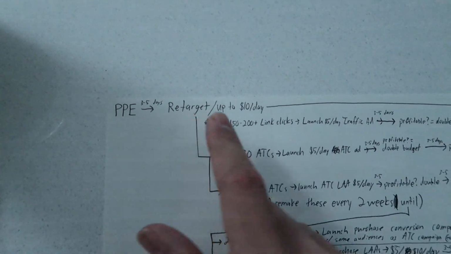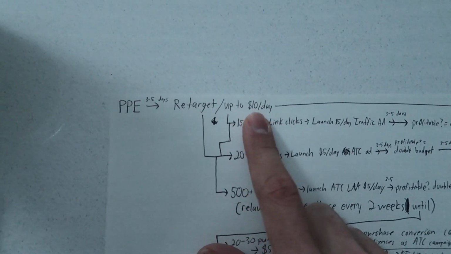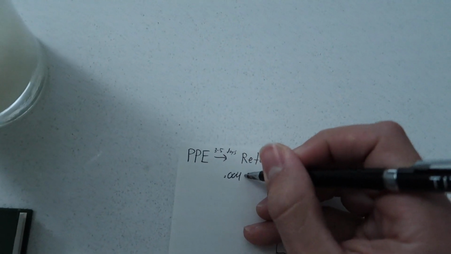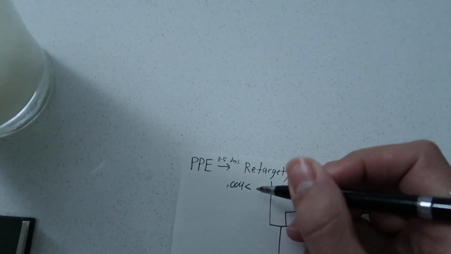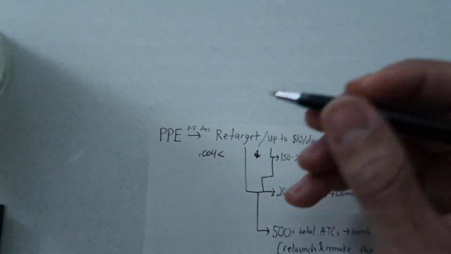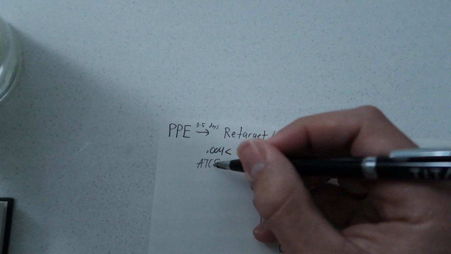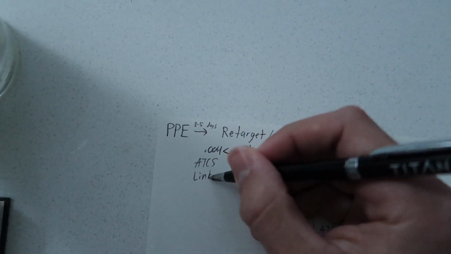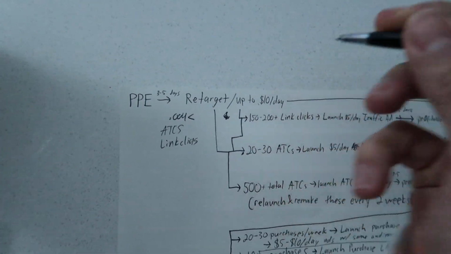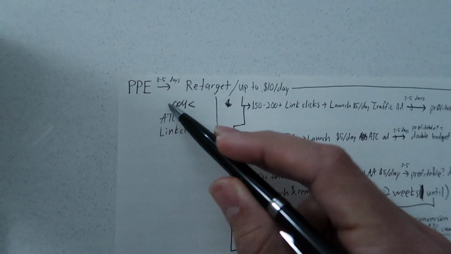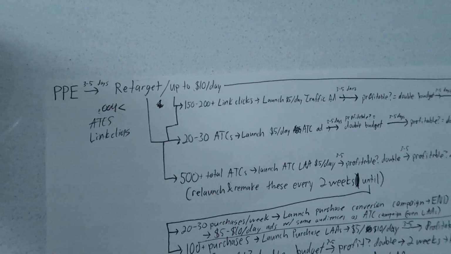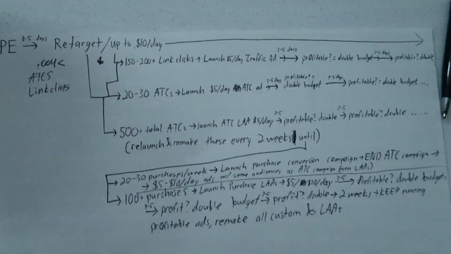You're going to up it to $10 a day if it is 0.004 or below, or if it's outputting a lot of ATCs or link clicks, then that should be a sign to up it to $10 a day. If it's not doing this, and it's not doing this, and it's not doing this, just cut out the entire campaign, because it's obviously not going to work.